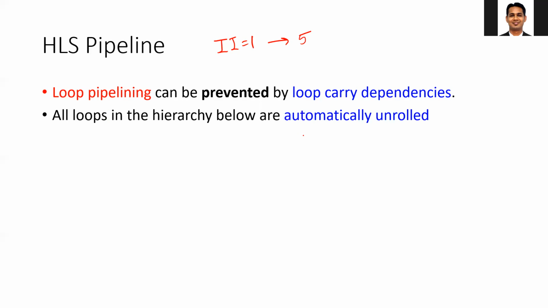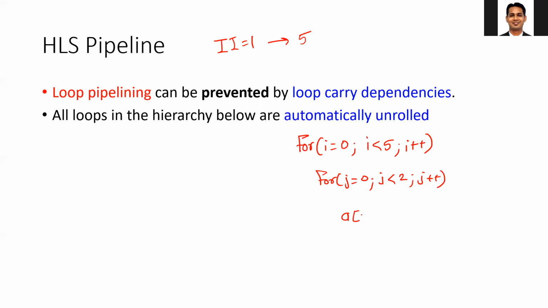For example, let's take this for loop where i is equal to 0, i is less than 5, and i plus plus. And there is another for loop, j is equal to 0, j is less than 2, j plus plus. And what you are doing is A[i][j] is equal to B[i][j] plus 4.